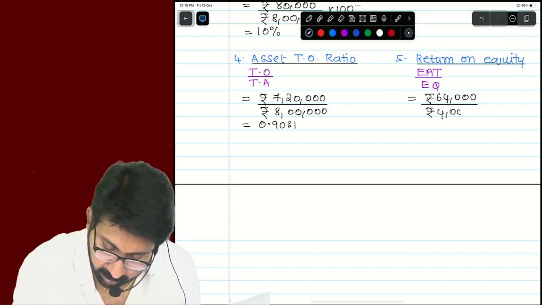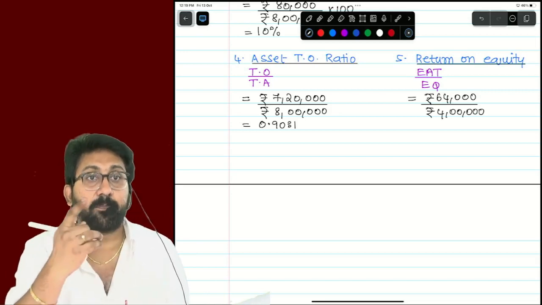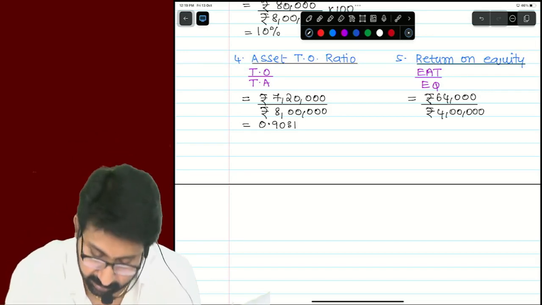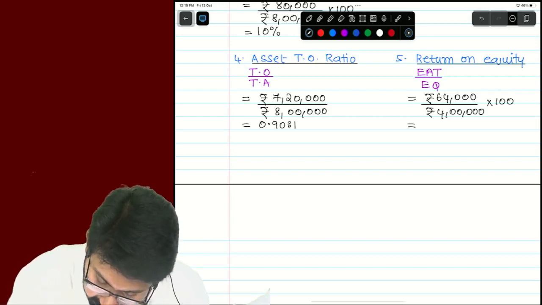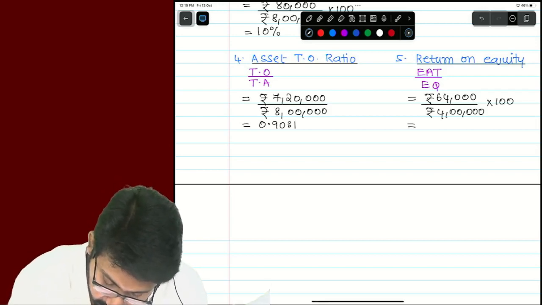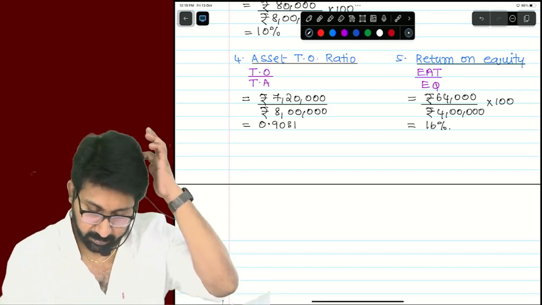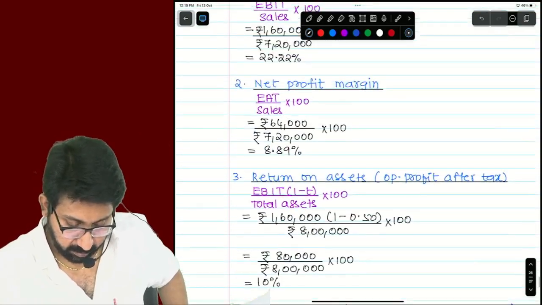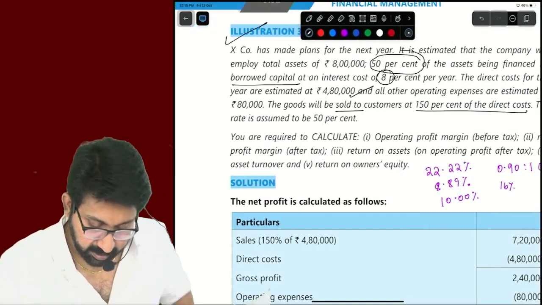Why 4 lakh only? We are taking only equity shareholding percentage, not debt, not capital employed. This will be in percentage again. 16%. With this, we have completed which question? Illustration number 3.